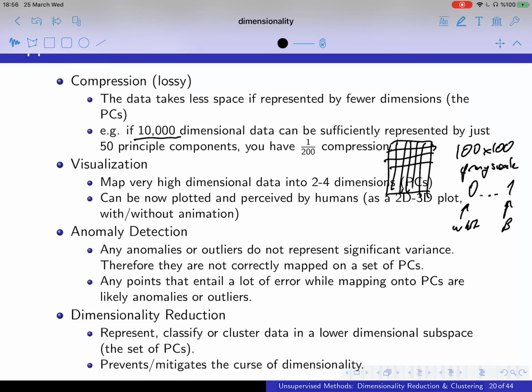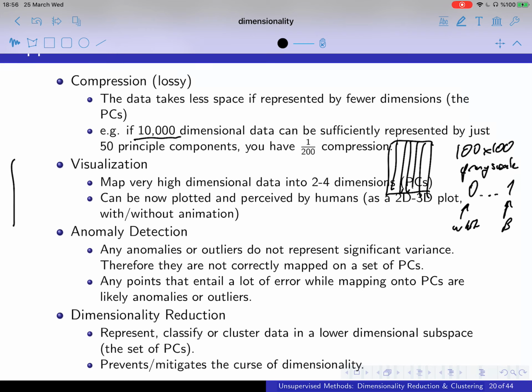The second, which is what we're more interested in, is essentially visualization. When you have data that's multidimensional, essentially more than 3 dimensions, we humans can't really see it. I mean, maybe 2 dimensions is nice.